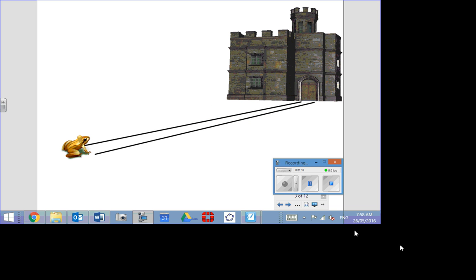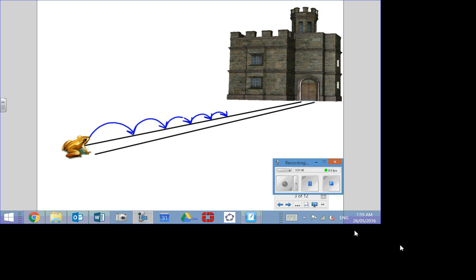A common problem that you might have heard before is considering this frog trying to jump to the castle door. The only limitation that he has is that every time he jumps, he jumps half the distance of his previous jump. So if this frog jumps once, and then his second jump is half the distance of his first jump, and this pattern continues as he tries to get to the castle door, will he actually ever get to the castle door?